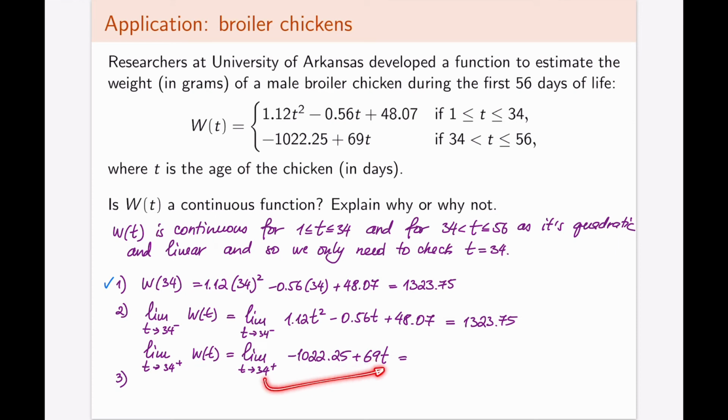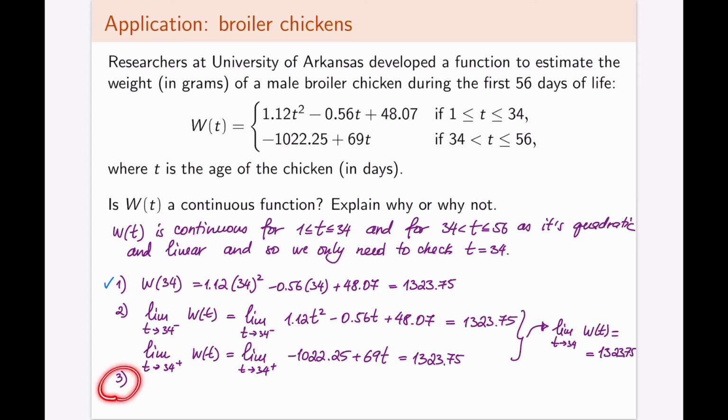So I plug 34 in for t, and I will notice that indeed it's going to give me the same number, 1323.75. So the one-sided limits are the same, which will imply that the limit as t goes to 34 of my function exists and is equal to that common value, 1323.75. There we go, squished it in.